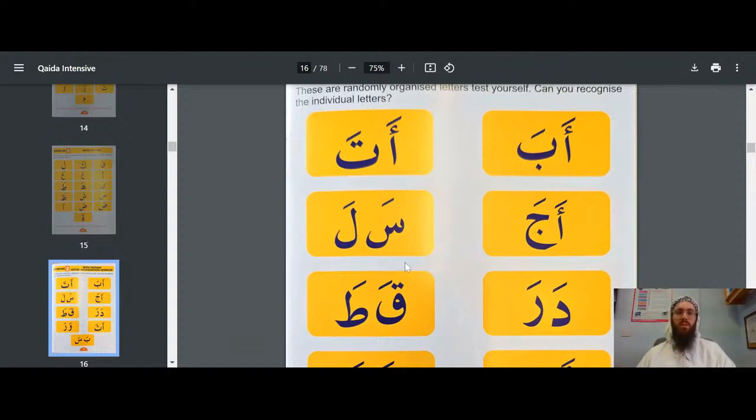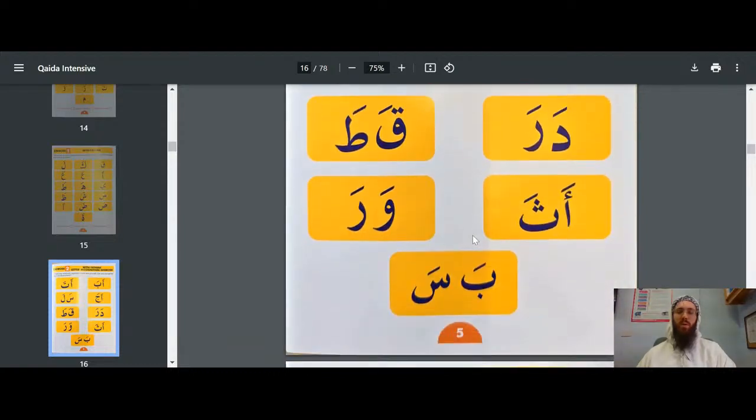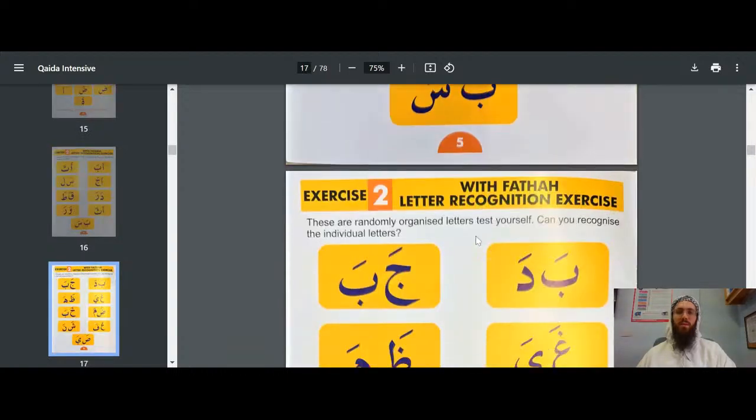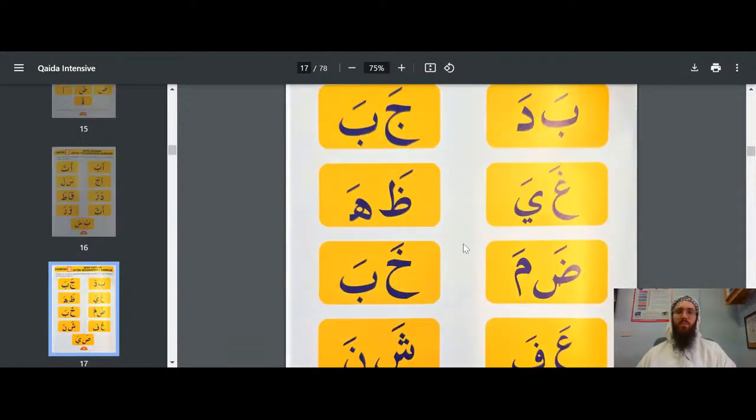So here is a sin and the lam. That sin has a dash on top, so it's a sa. The lam is a la, sa, la. And all of these, so you can pause and practice. And let's go on to some more. You can pause and practice.